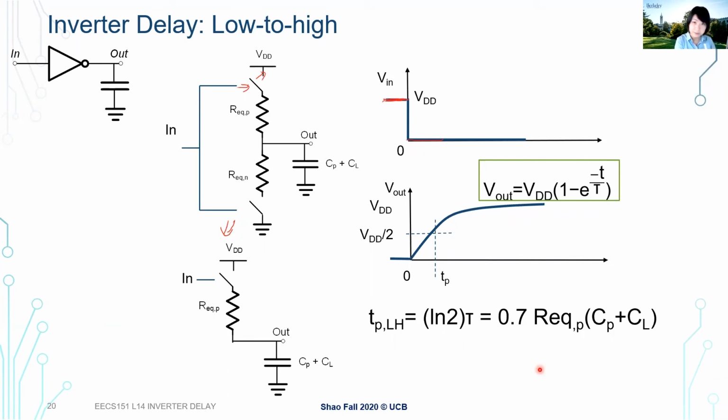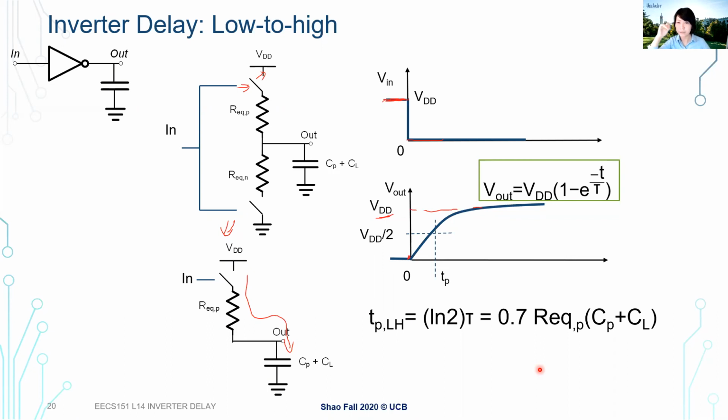So here, instead of the discharging circuit that we saw earlier, we have this charging circuit where we charge our capacitor from zero to VDD, right? So this is basically our low to high transition.